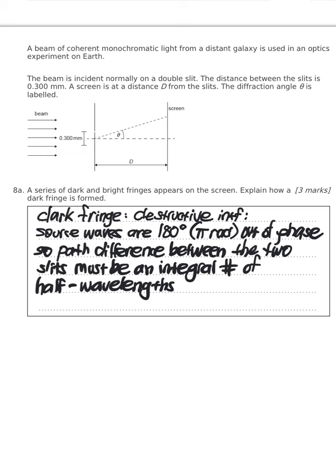I don't really know why. You can think of phase difference in terms of crests meeting or troughs meeting or crests meeting troughs, but really, if you're going to talk about phase difference, you really should be talking about the angle, either in degrees or in radians, the angular difference. And so if you're completely out of phase, it's 180 degrees, or pi radians.